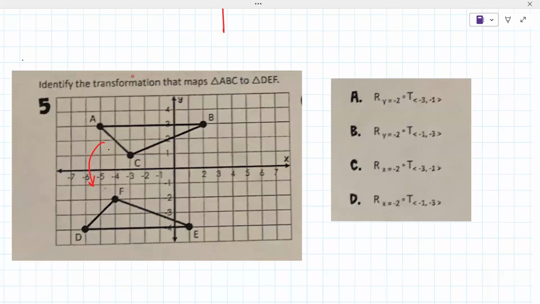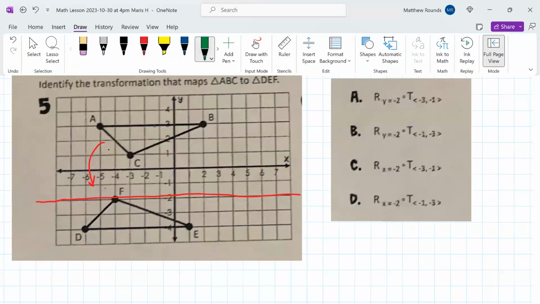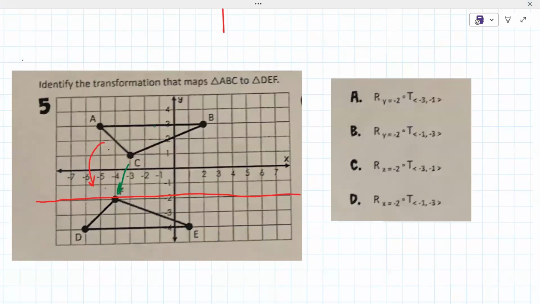It's only been reflected over the y-axis. It could be. But if you see these here, y equals -2, y equals -2, they're suggesting pretty strongly it's reflected over that. But you have to get C to F to make that work.